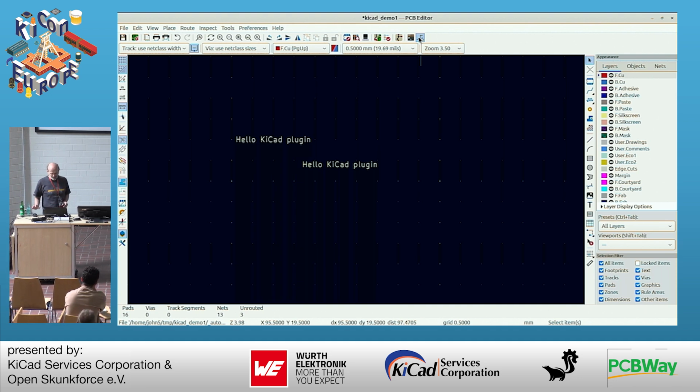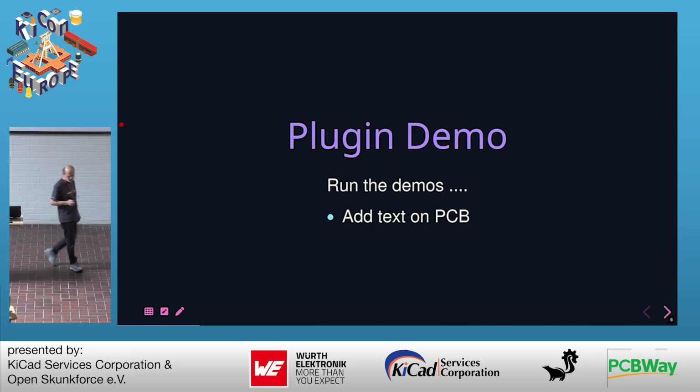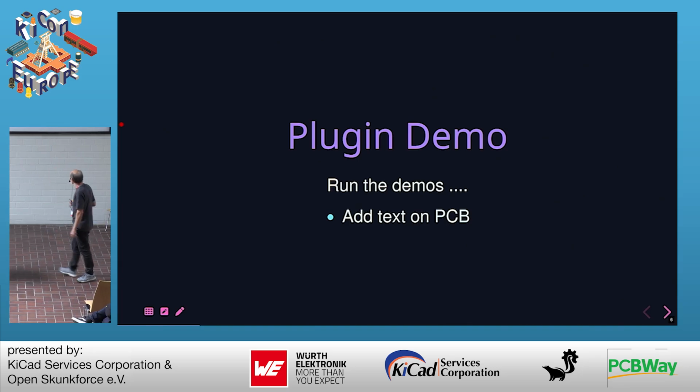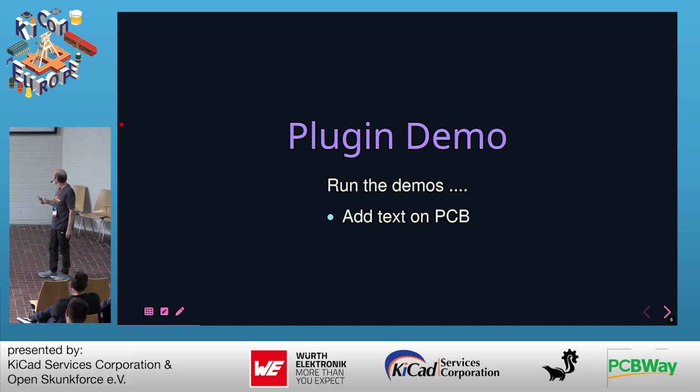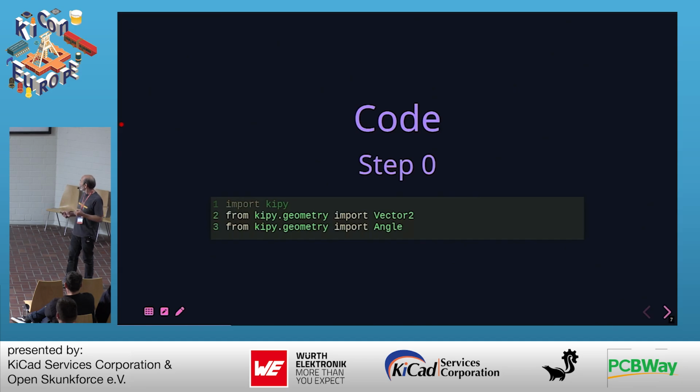So this is very simple. Let's look at what you need to do this. The first thing when you work in Python is you have to import whatever you need, and you might have to import some additional components. In the case of a plugin, you import KiCad.